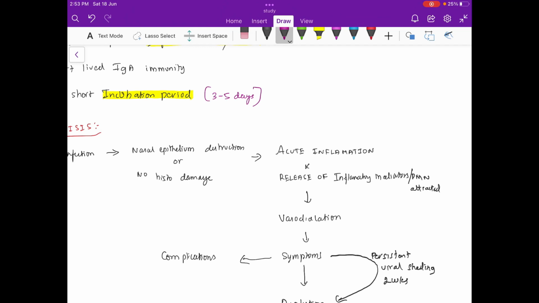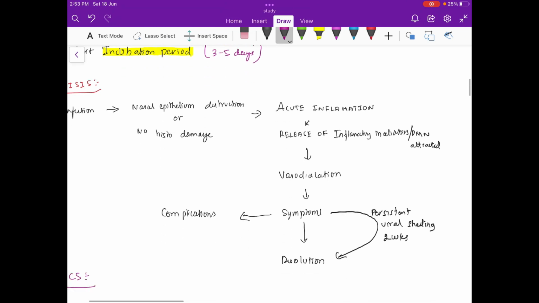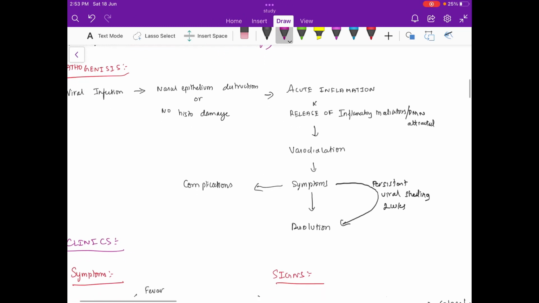This in turn causes vasodilatation in the local upper respiratory tract epithelium, and then the symptoms develop. The symptoms can lead on to complications, can spontaneously resolve, or there can be a prolonged course of illness, after which viral shedding will happen and then the symptoms finally resolve.